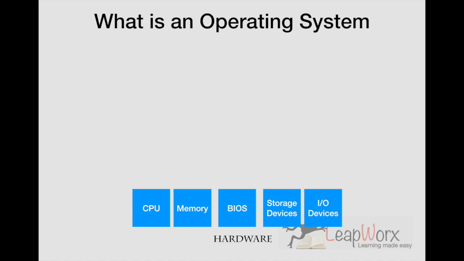So this hardware on its own cannot do anything. As soon as you switch on the computer, if you have just hardware, nothing can happen, right? So as soon as you switch on the computer, there needs to be some program or software which runs in the very beginning, okay? And then the software needs to do a lot of stuff. It needs to do some process management, okay?